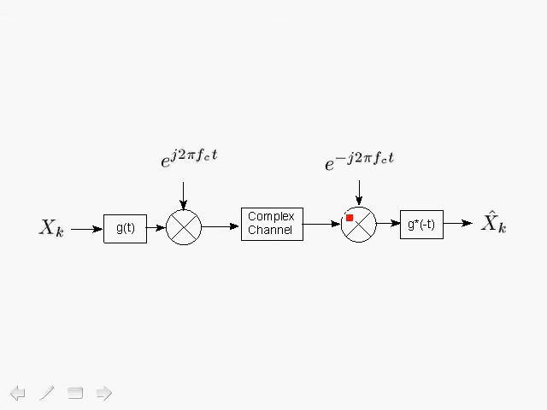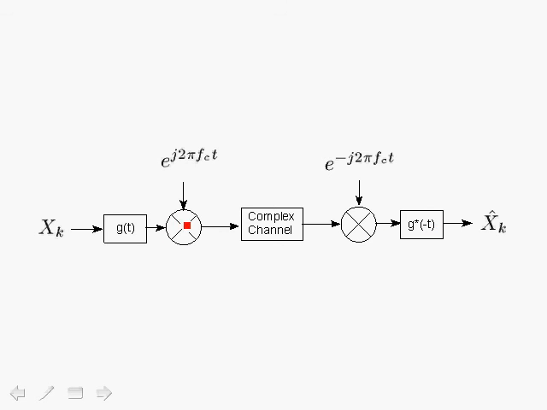Then we do the demodulation by multiplying by e to the minus j2 pi f c t, which clearly cancels out e to the j2 pi f c t. We're left with x of k g of t. We pass that through the match filter shown over here, and since we're dealing with complex signals, we have the conjugate of g of t, and we have g of minus t because this is a match filter.